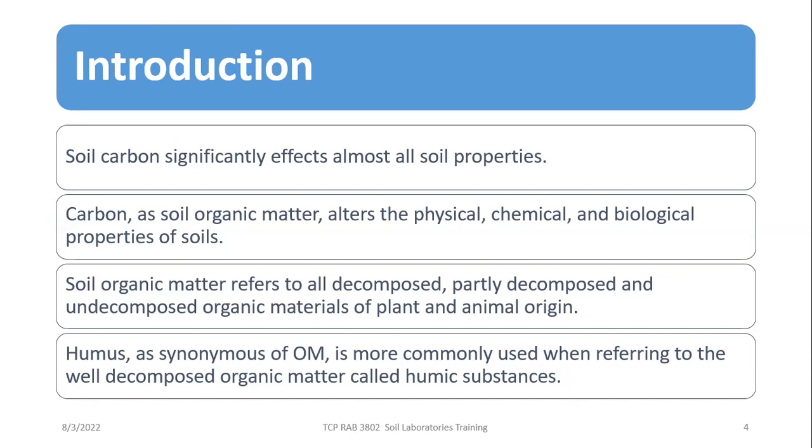Humus is more commonly used when referring to well decomposed organic matter. When the organic matter is fully decomposed, it is converted into humus. But soil organic matter consists of a solid and a soluble part, unlike humus. In general, people sometimes use humus, sometimes soil organic matter.